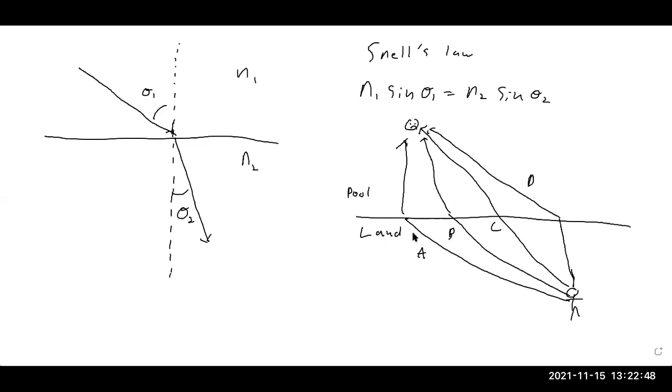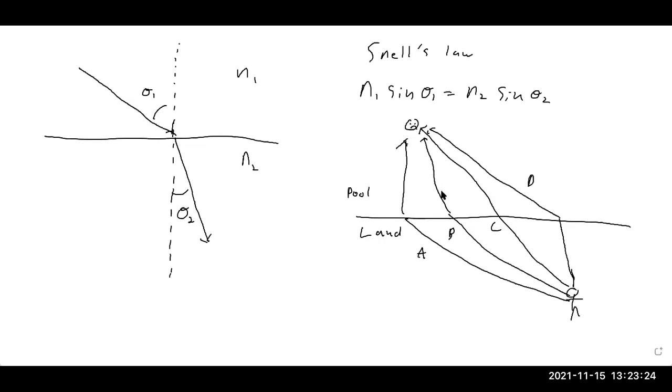No one picks C or D, which is quite good. So if you were an absolutely terrible swimmer, and you went a billion times faster on land than you did in the pool, path A would be your best choice. But if you're not that extreme, path B would be the choice to take.